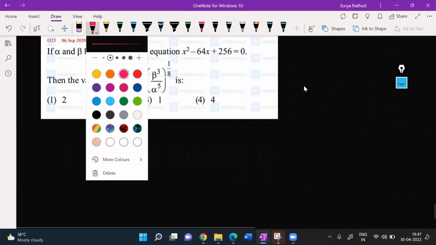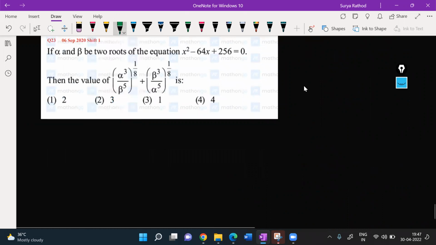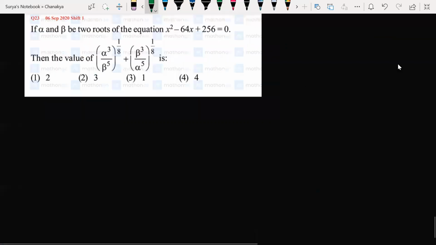Then the value of this. That is how simple questions have been given in the JEE Mains. Look, I'm telling you again and again, quadratic equations questions would be as innocent as possible. All you need to do here is just be patient. You have to solve the calculation with some patience, that's all. Everything is going to be fine. Again, solve this in 45 seconds. 45 seconds, quick.